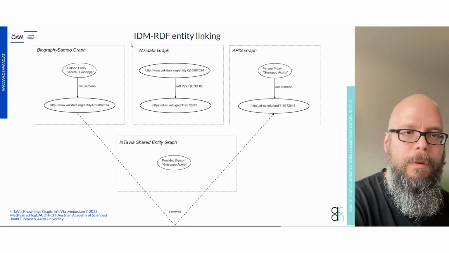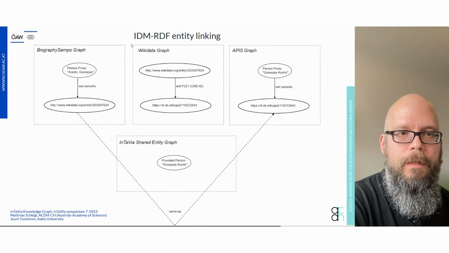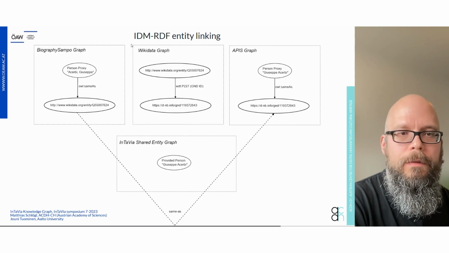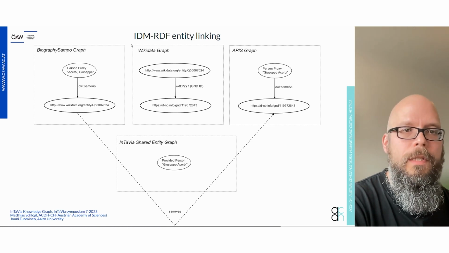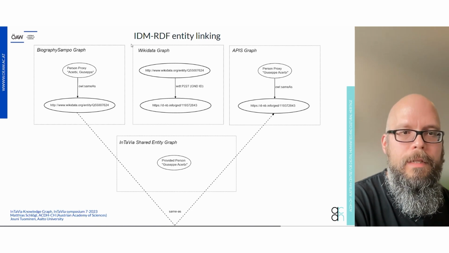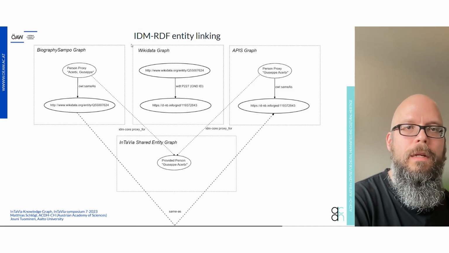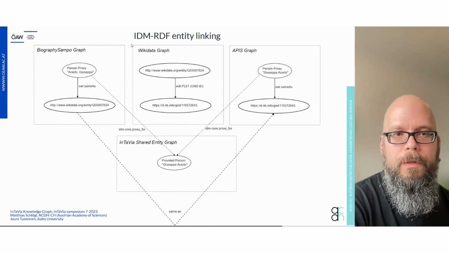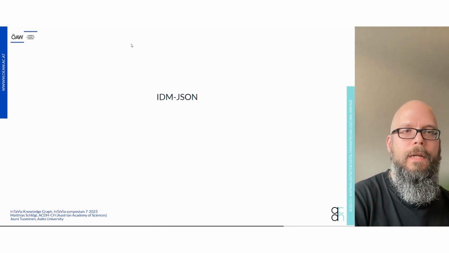And based on that, we can create the provided person entity in the InTaVia graph, and we can generate the proxy for relations from the proxies in InTaVia presentations. So next. And you can see now that there's a direct connection between the different perspectives of the same person. And this is basically how the entity linking is done.